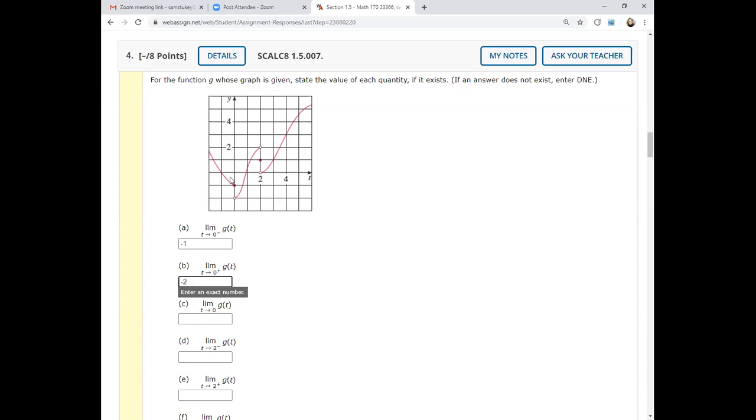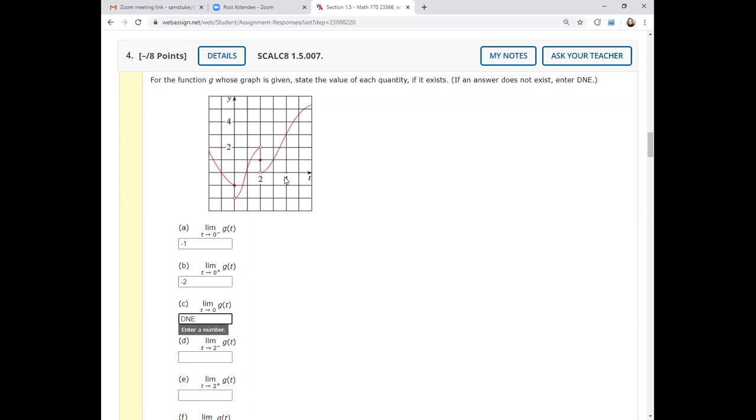Now, because these one-sided limits are not the same, we can't write the limit as t goes to 0 of g of t. This does not exist. So if an answer does not exist, enter DNE, capital DNE.